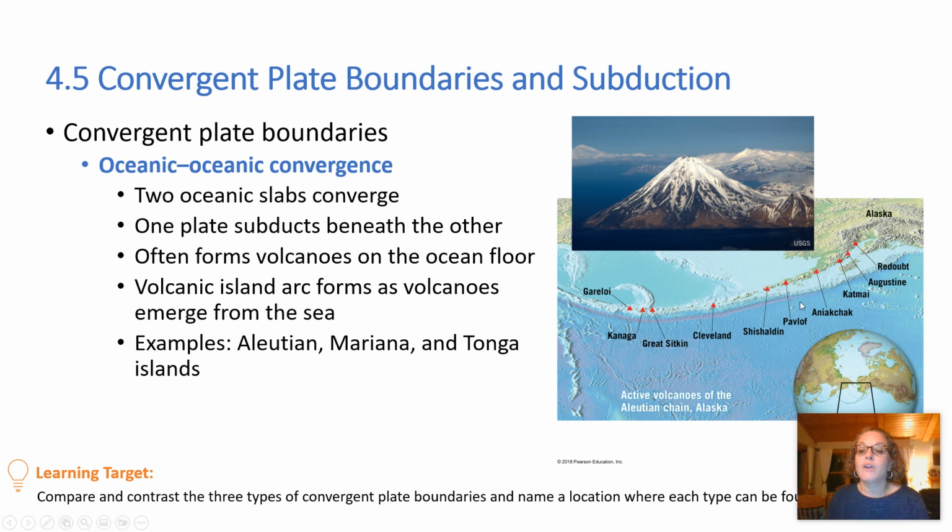So instead of an arc on a continent, we end up getting these volcanic arc islands. They build and build their mass with the volcanic material that's ejected from the volcano until some of them will break through the surface and actually create land.